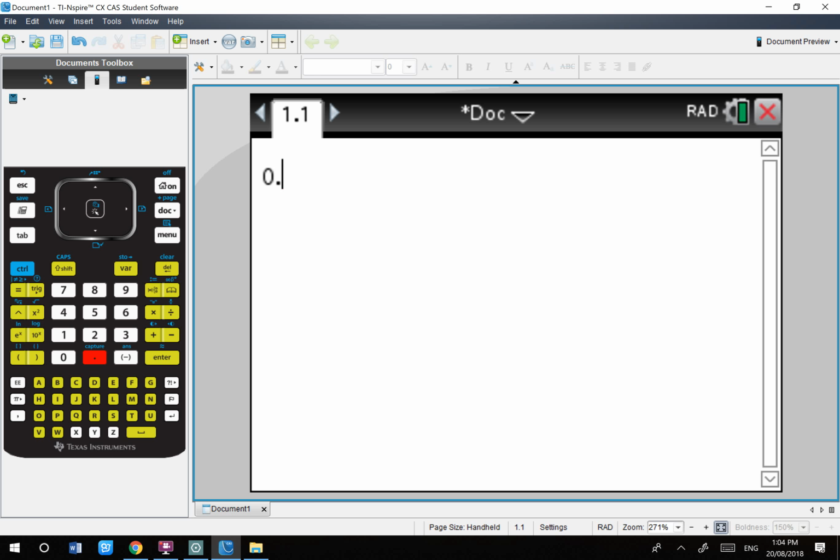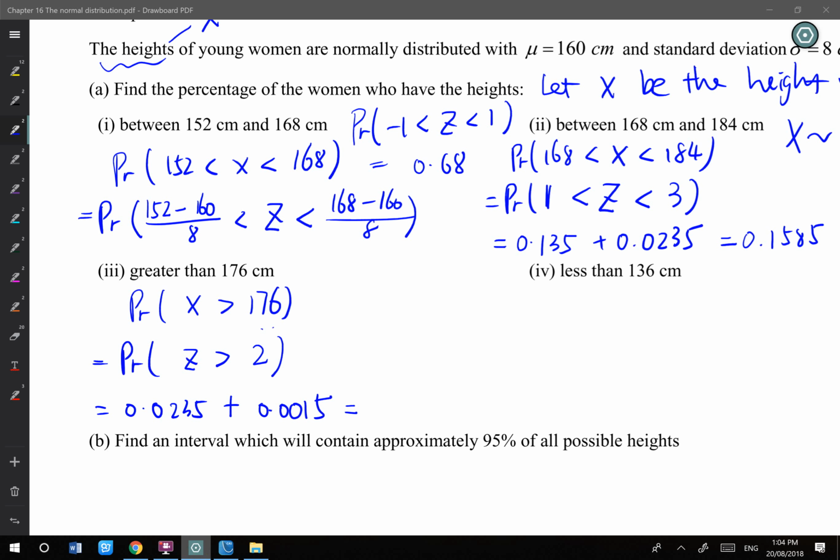Well, I should do it by hand. So 0.025, 2.5%.